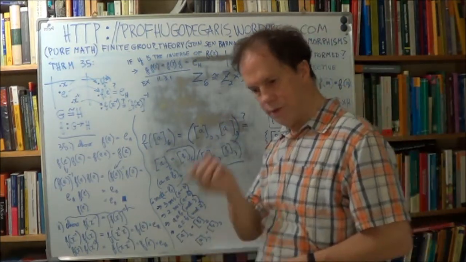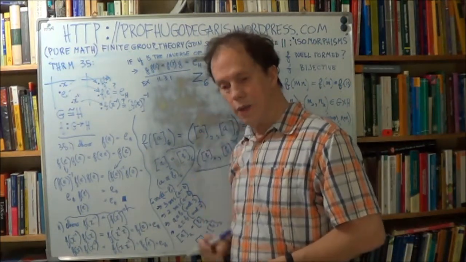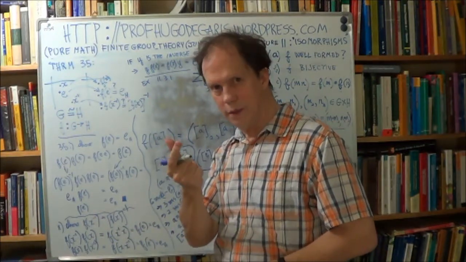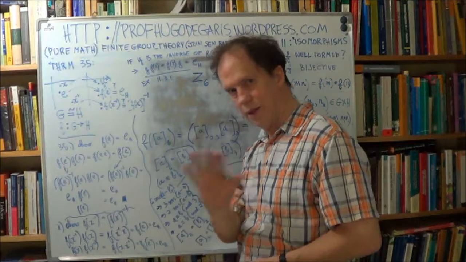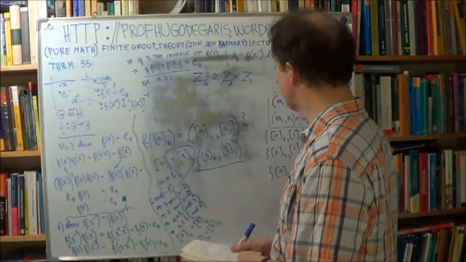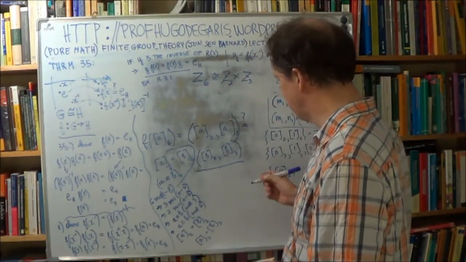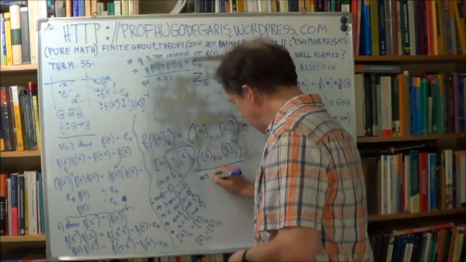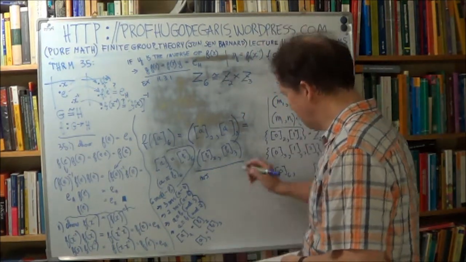Now, bijective, remember, means two things. It means the mapping is injective and surjective. Right? Done that a lot already. Okay, so let's start with injective. How do you prove it's injective? Okay, a little bit of revision.